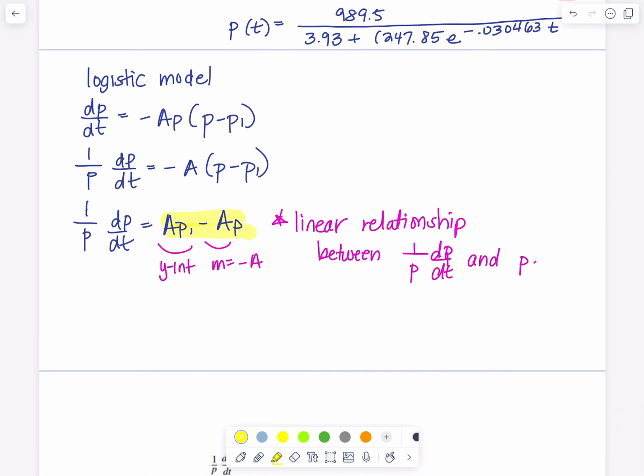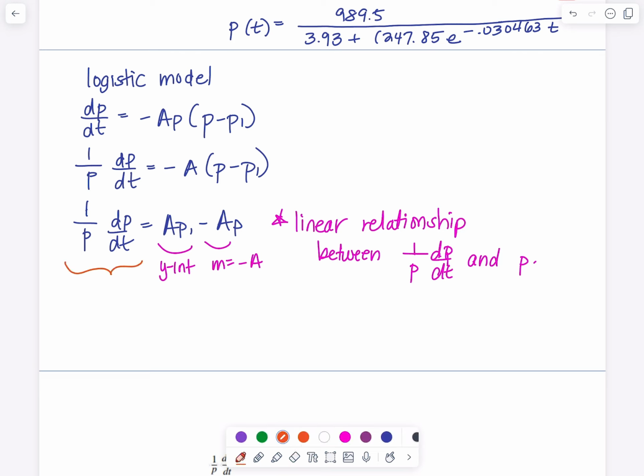Actually, it was this left-hand side that they do use.